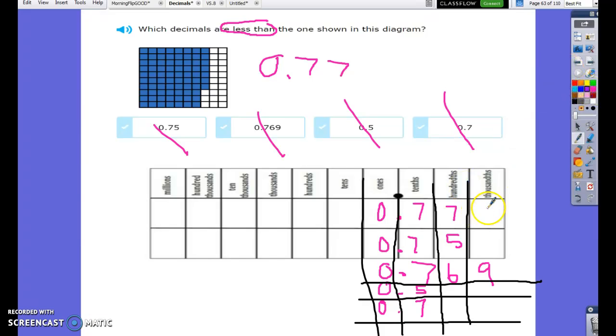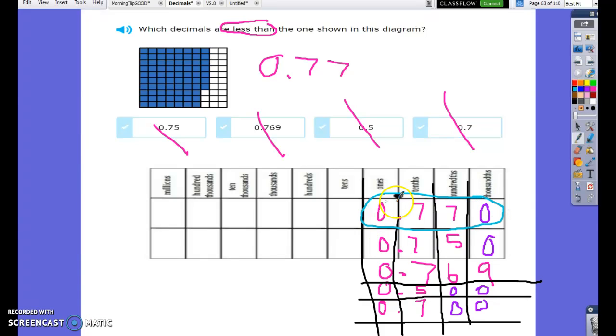So we're going to fill in all those place values. So 0, 0, 0, 0, 0, 0. And we want to figure out which ones are less than 7,700. So 7,700 is here. So we're going to compare all of them to this first number.